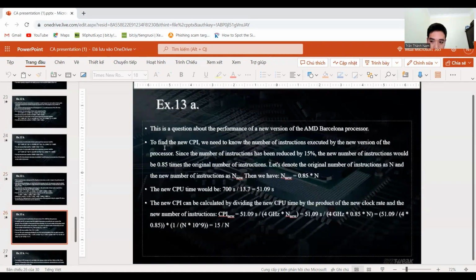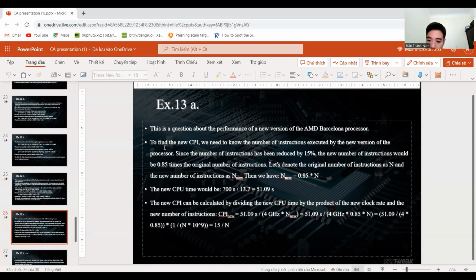Okay, in exercise 13, A part, this is a question about the performance of a new version of the AMD Barcelona processor. To find the new CPI, we need to know the number of instructions executed by the new version of the processor. Since the number of instructions has been reduced by 15%, the new number of instructions would be 0.85 times the original number of instructions.